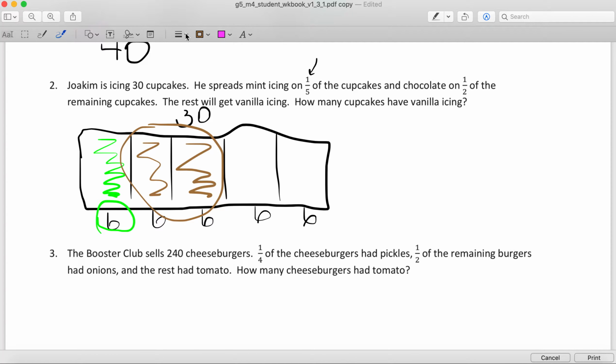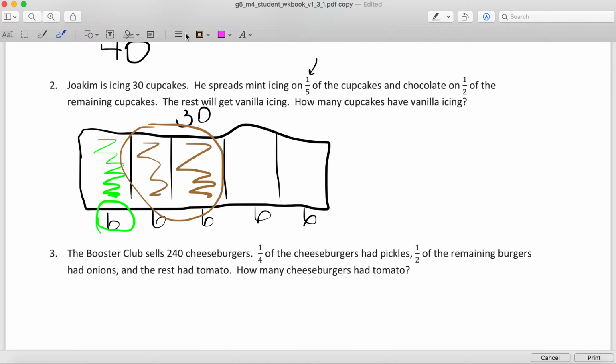All right, so what I'm going to do is I'm going to divide. Watch this. Watch me. I'm going to divide each piece that's left into halves. Because if I do that, then I can actually count and see how much is half. It's hard to break 3 into 2 equal parts.